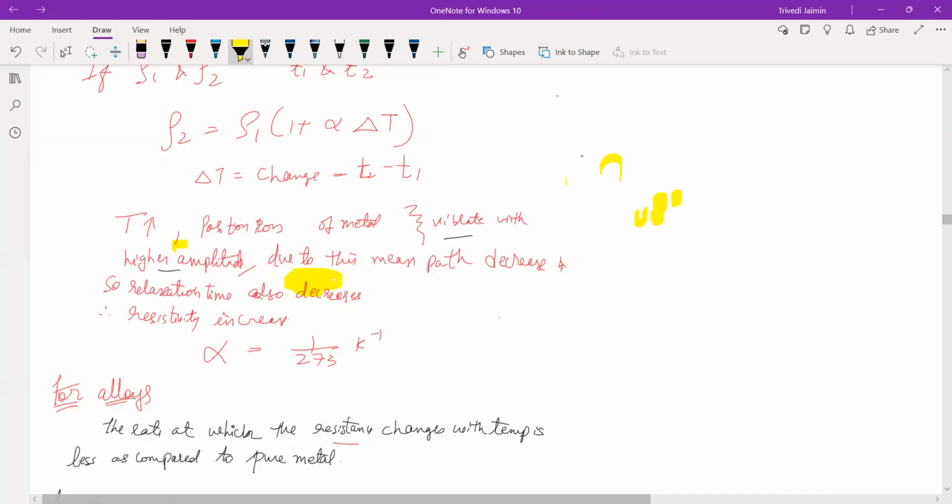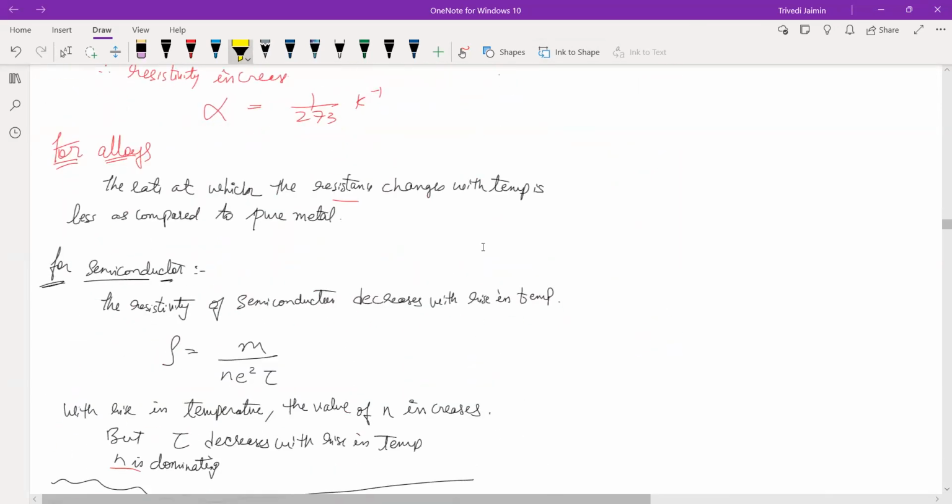This is for conductors. So what about alloys? The rate at which resistance changes with temperature is less than in metals.